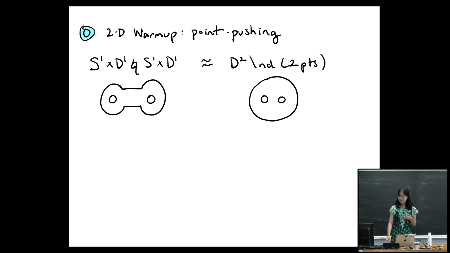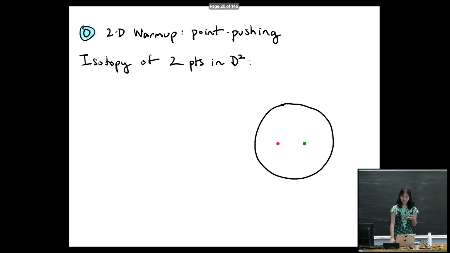And so how are we going to get a diffeomorphism of this? Well, we'll start with a disk, and we'll start with 2 points in our disk, and we'll do some isotopy of them. And we'll use ambient isotopy extension to get a diffeomorphism. So what's the isotopy? I'm just going to put my finger on the pink point and drag it around the green. So maybe it looks something like this.